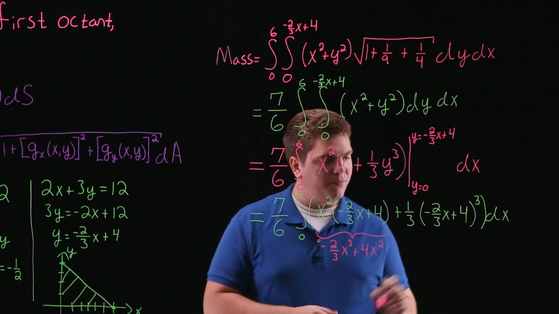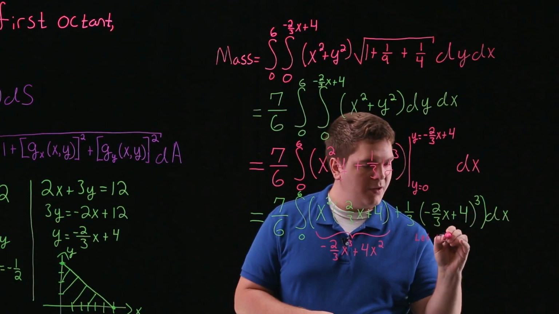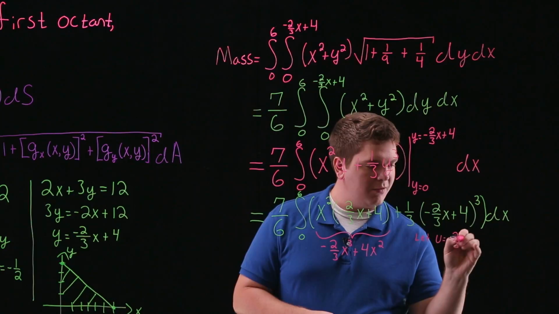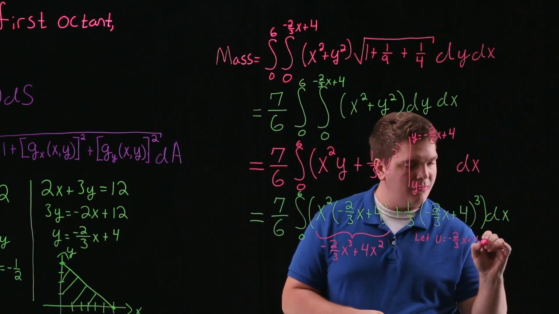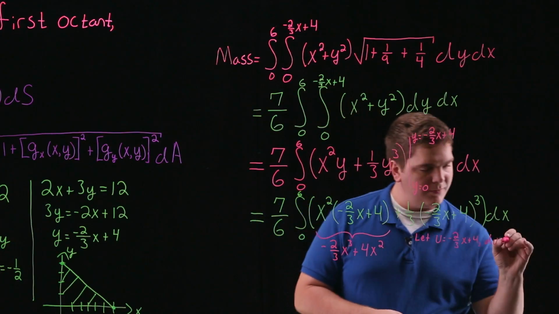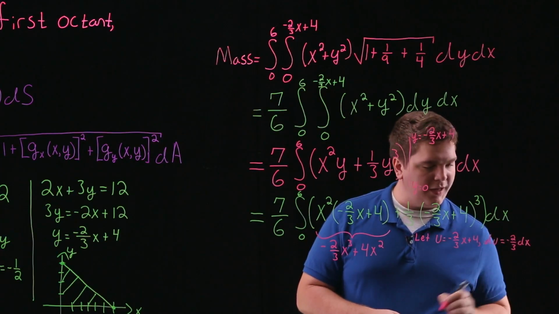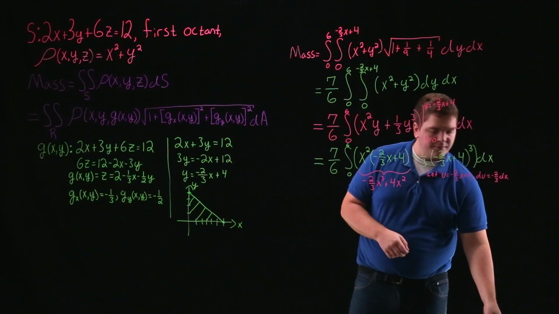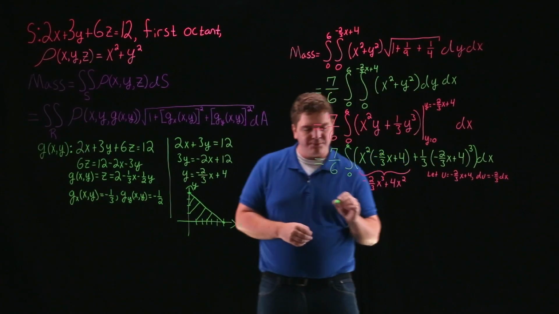And for this piece here, we can say let u equal negative 2/3 x plus 4. du in this case is going to be negative 2/3 dx.